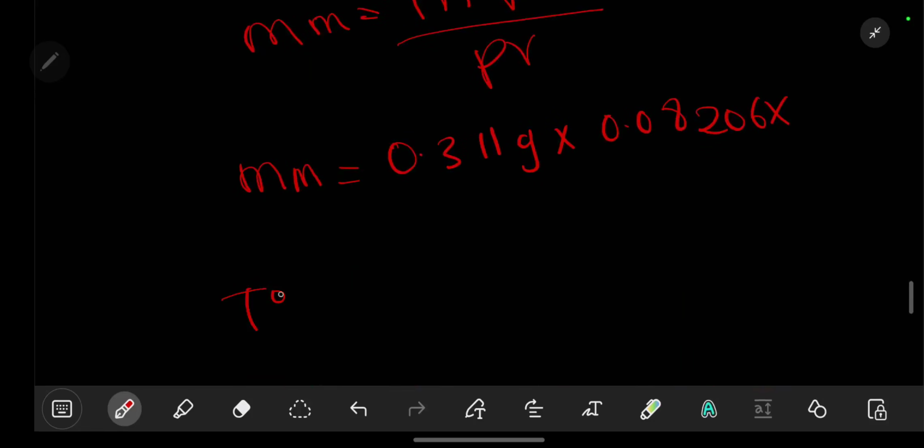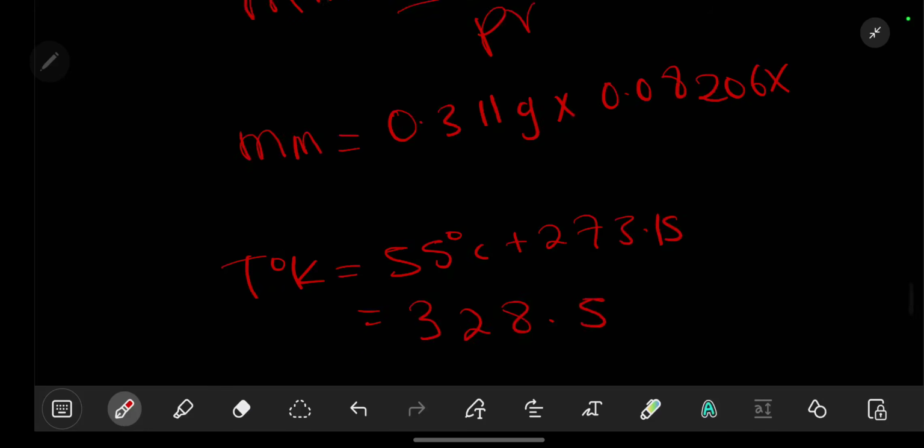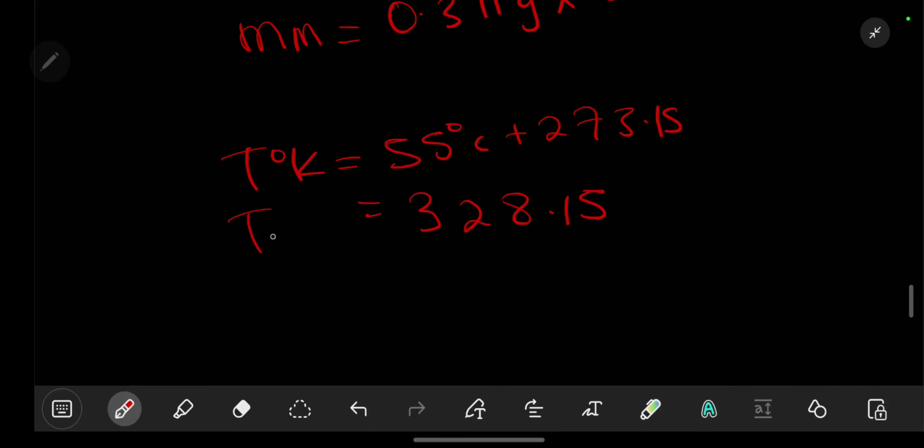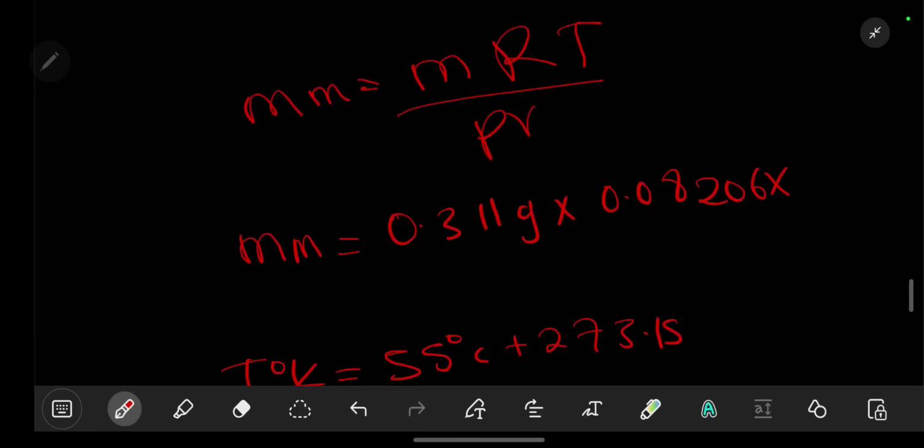Our temperature in kelvins is 55 plus 273.15, which gives a value of 328.15.